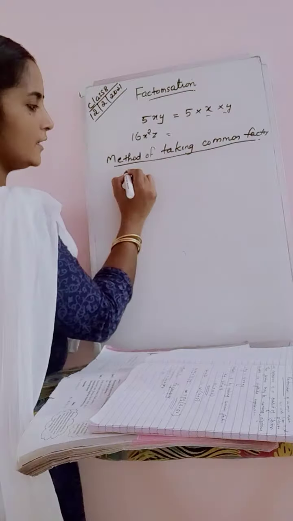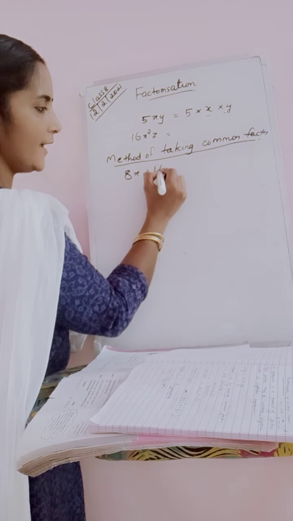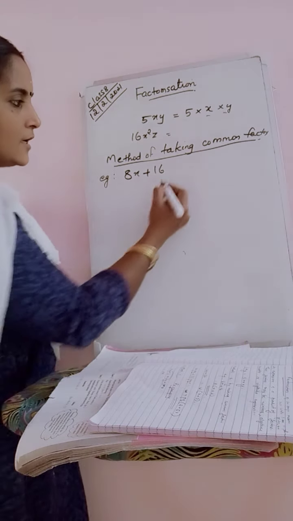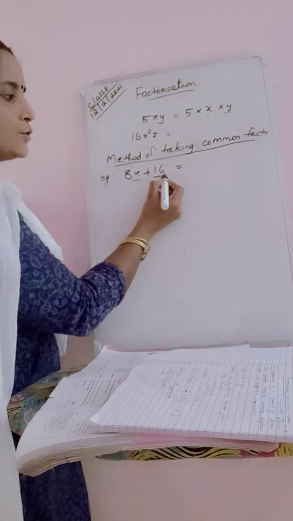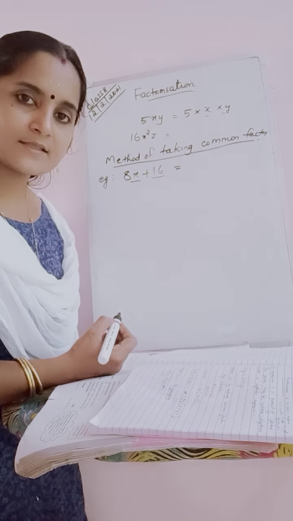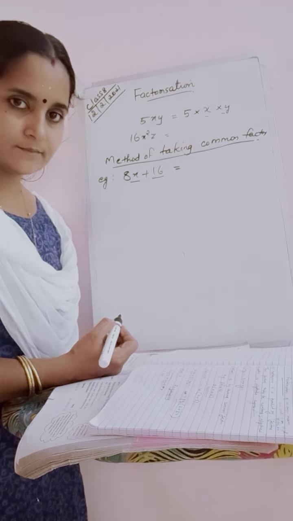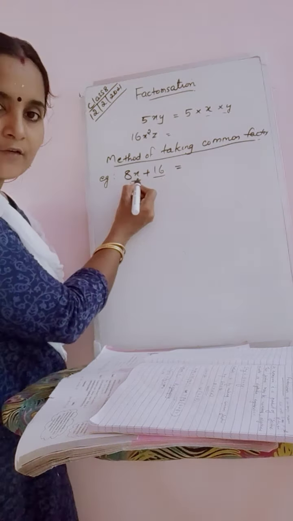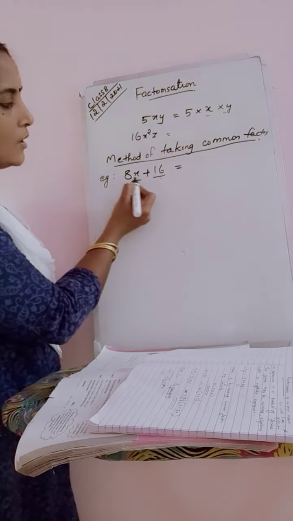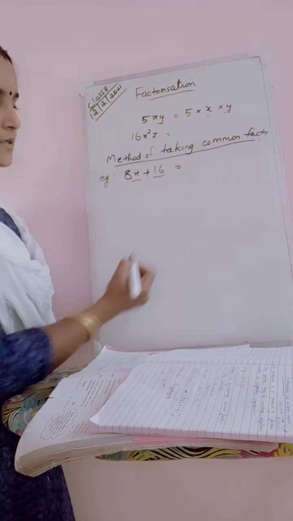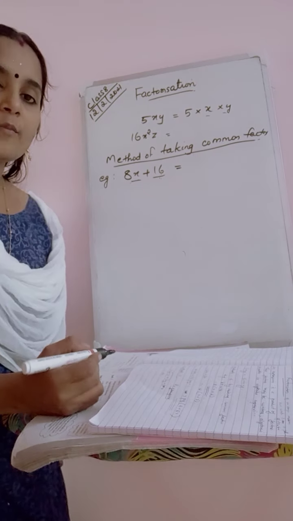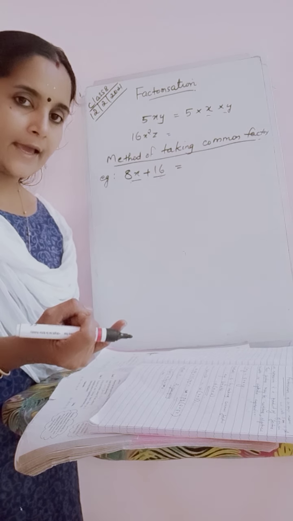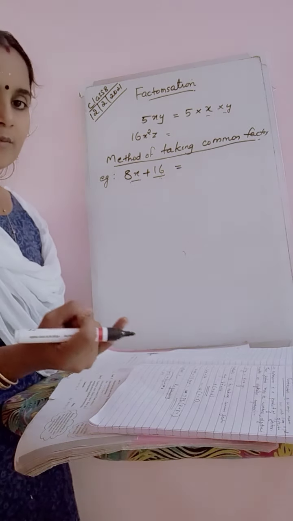Here we use this example, 8x plus 16. 8x plus 16 means here we have two terms. That is, it is an example for binomial. So 8x and 16, here we have a variable and here we have 8 and 16 as constants. From these two, which are the common factors? 2 is a common factor, 4 is a common factor, and again 8 is a common factor.